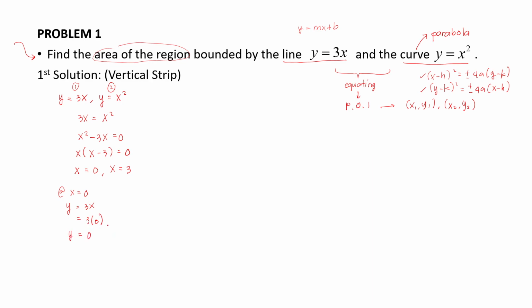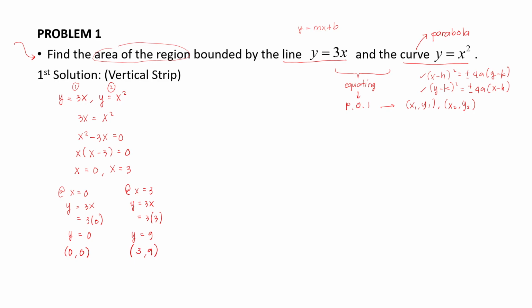The first point of intersection is at 0, 0. For the second one, at x equals 3, y equals 3 times 3, so y equals 9. The second point of intersection is at 3, 9.